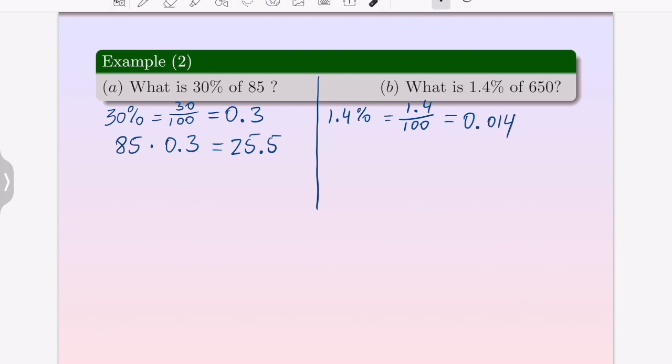Or in other words, you can move the decimal 1 and 2. And then we use the equation: original amount 650 times 0.014, and we type this on the calculator, and we should get 9.1. So 1.4% of 650 is 9.1.